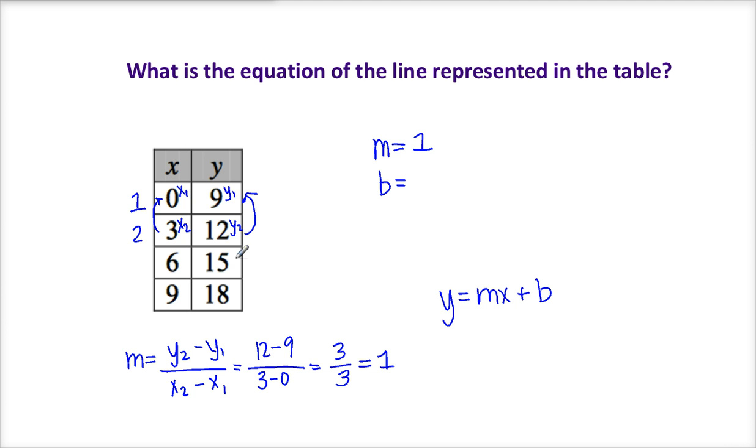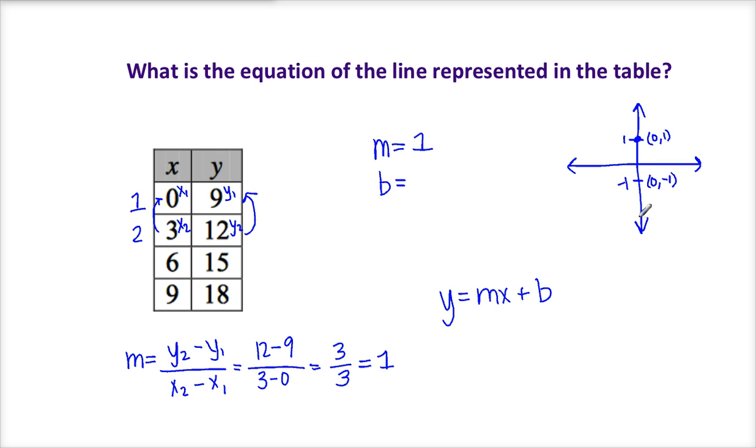So where does this line cross the y-axis? If we think about the y-axis, what is the coordinate point of a point on the y-axis? For example, right here, if this is 1, that point is at (0, 1). How about this point at -1? This is (0, -1).